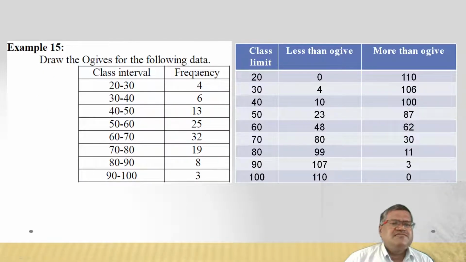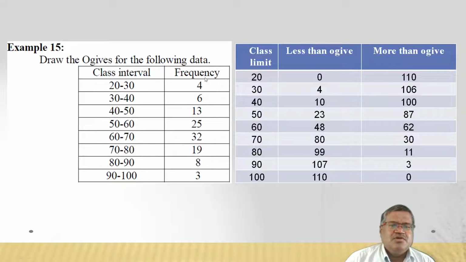Draw the ogives for the following data. This is class interval 20 to 30, 4; 30 to 40, 6; 40 to 50, 13; like that. These are the frequencies. First less than ogive: for 20, 0; for 30, 4; 4 plus 6 is 10; 10 plus 13 is 23, like that.